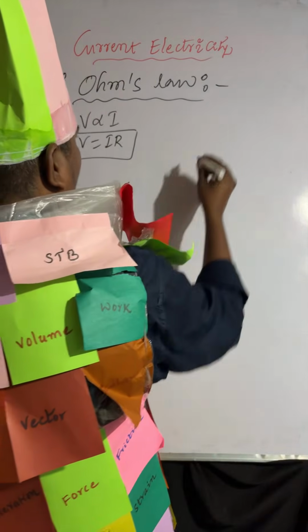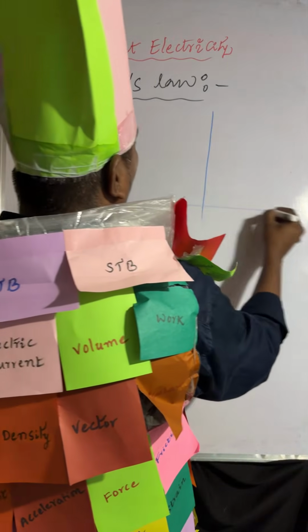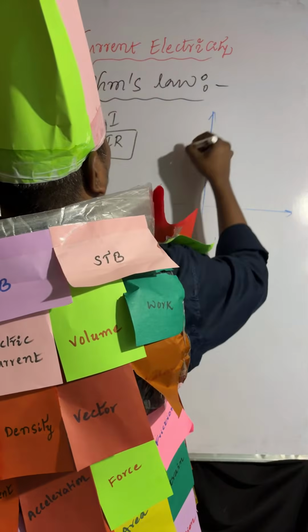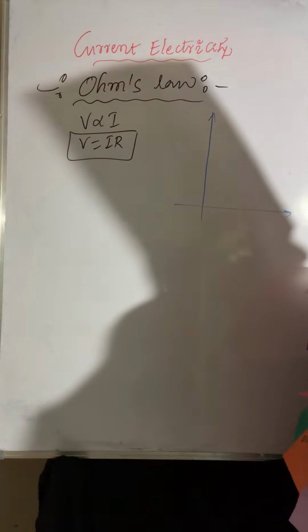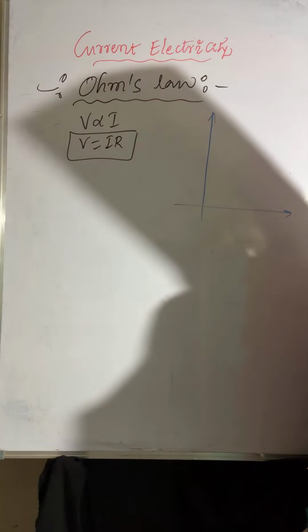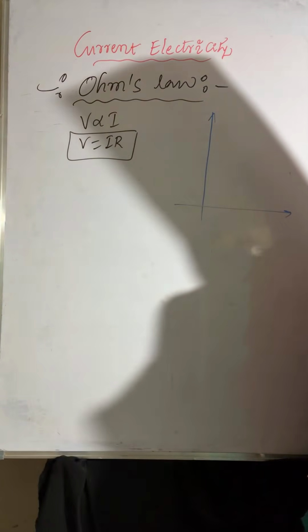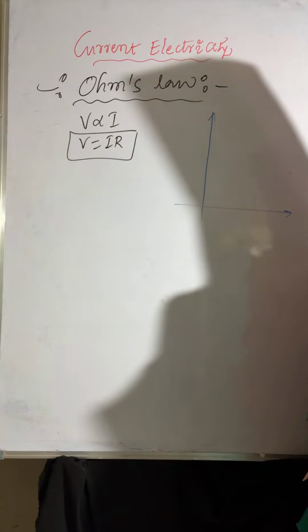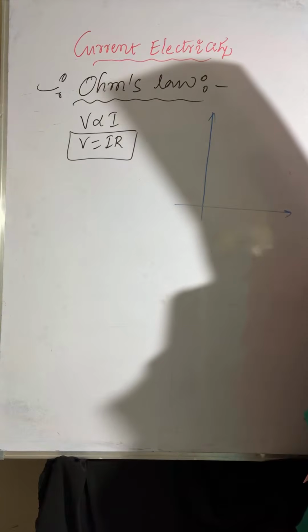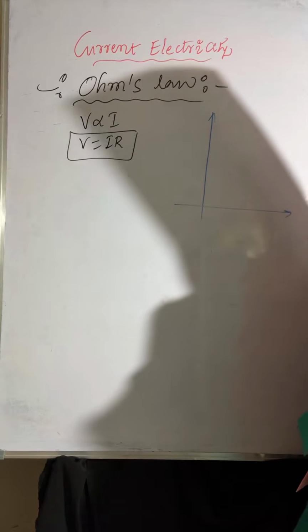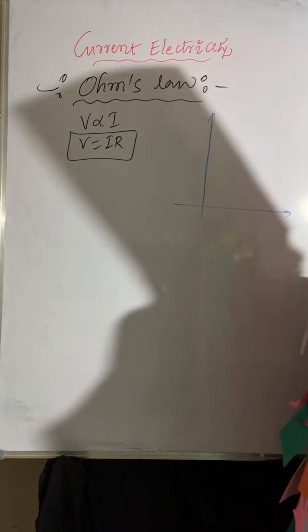So now I am drawing the graph between V and I. You can check the graph.